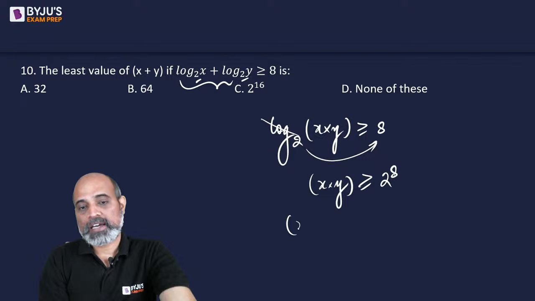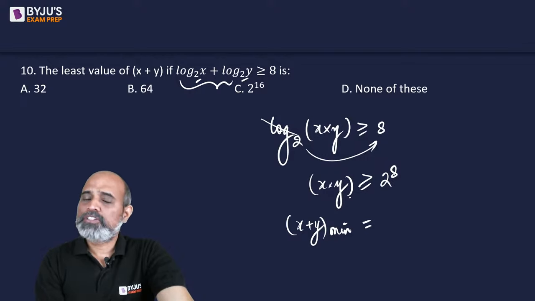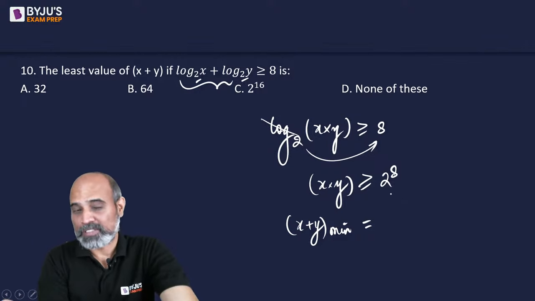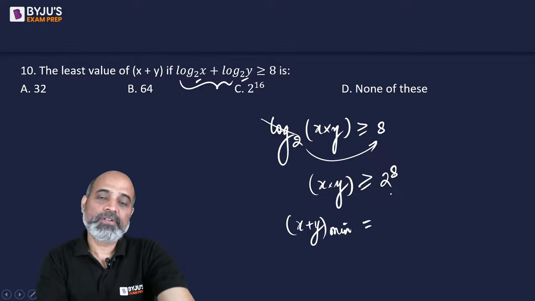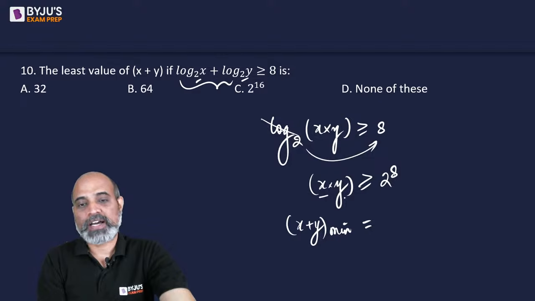अब आपको क्या करना है कि x plus y का minimum निकालना है, least value. Remember, whenever the product of two or more variables is a certain value, तो उसका sum, variables का sum will be minimum when the values are equal. ठीक है?